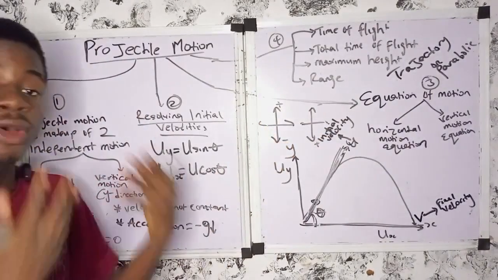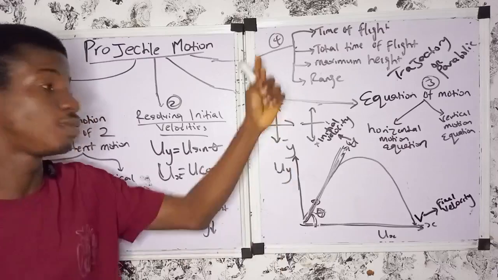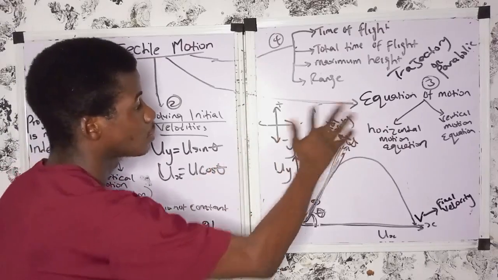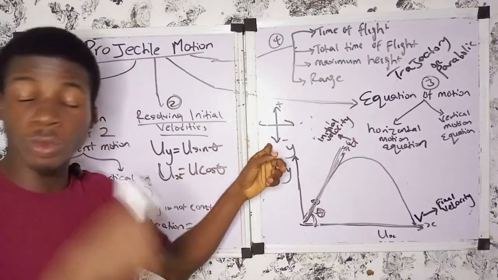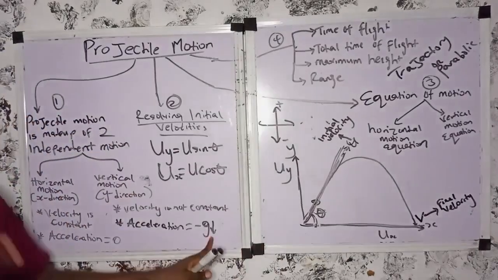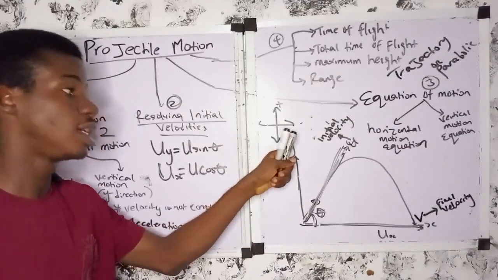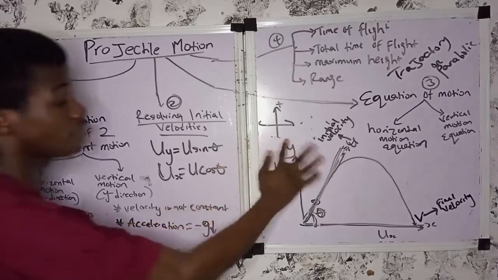According to the first coordinate, going down is negative, while going up is positive. So let's forget about the second coordinate. And we all know that g always acts downwards, so g is always negative, using the first coordinate.